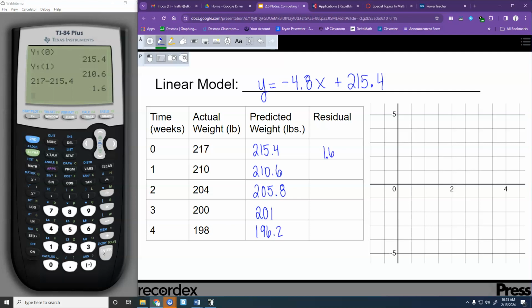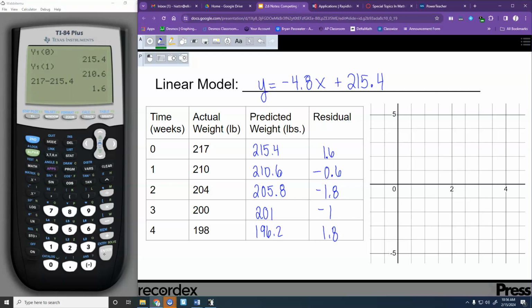Here we'll get negative 0.6. Here we'll get negative 1.8. Here we'll get negative 1. And here we will get positive 1.8.